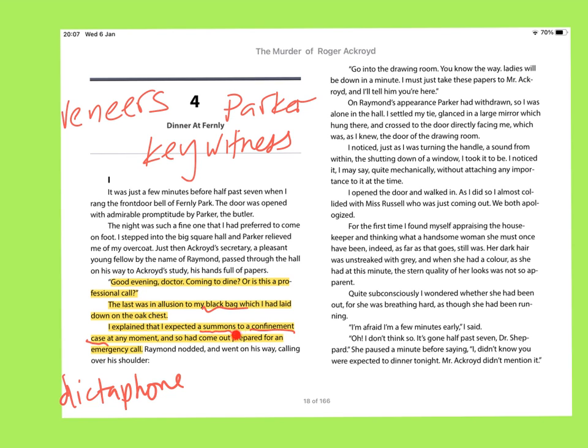So a summons, yes, you can be called to a particular medical case, but in a legal sense, a summons is where you're legally required to attend court for participation in a trial. On a similar note, a confinement case at any moment. Confinement, well, in addition, also hints at criminality and punishment in terms of being imprisoned.